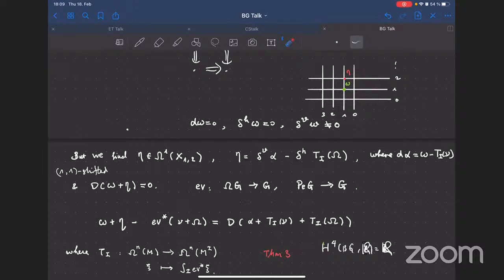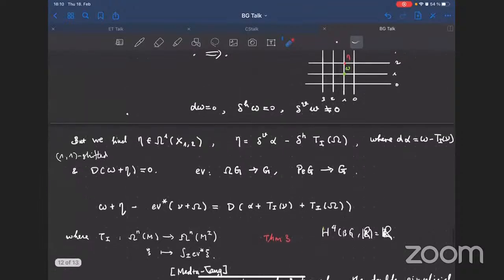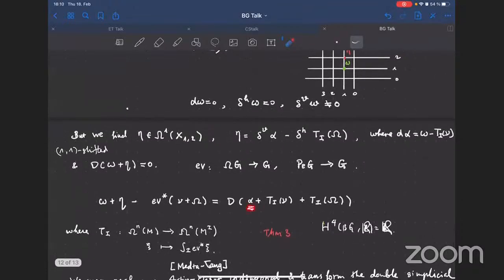Therefore it's lucky that we can actually find these exact forms. Here, the exact form is made up by this alpha, this transgression of the Cartan 3-form, and the transgression of this 2-form. My time is almost up.